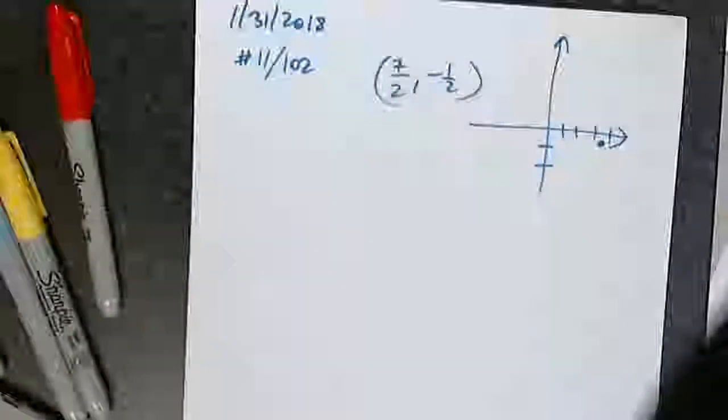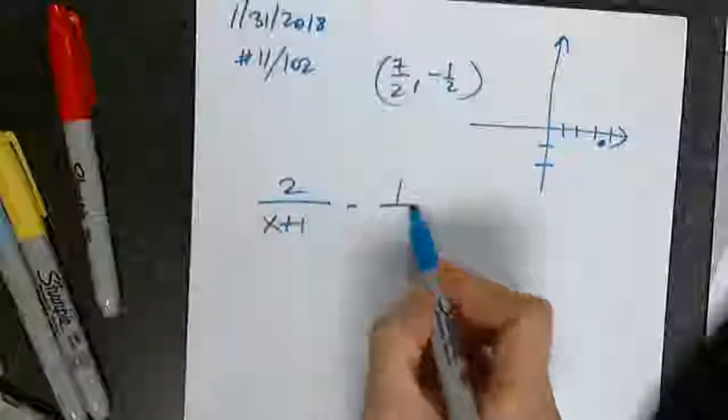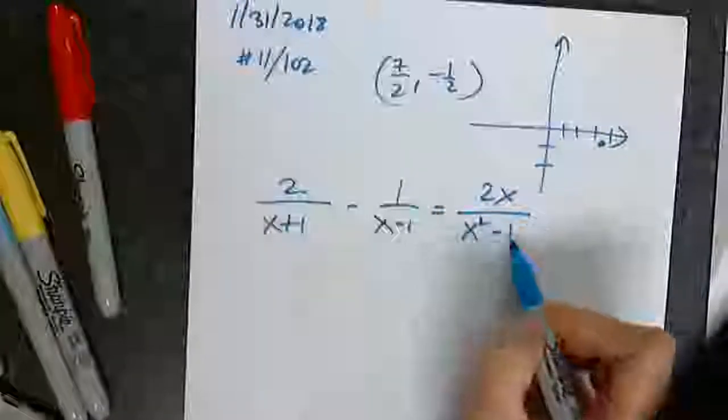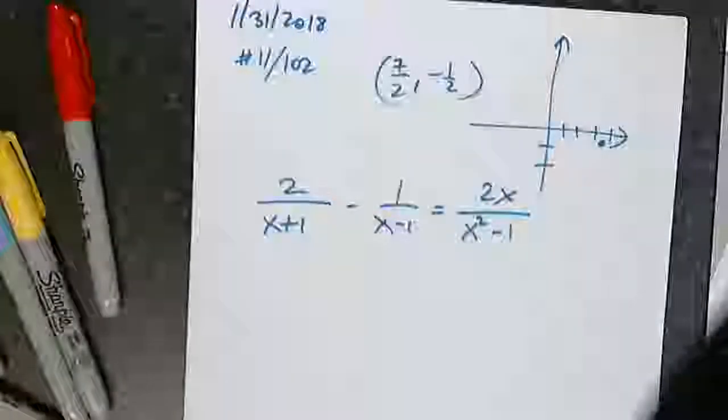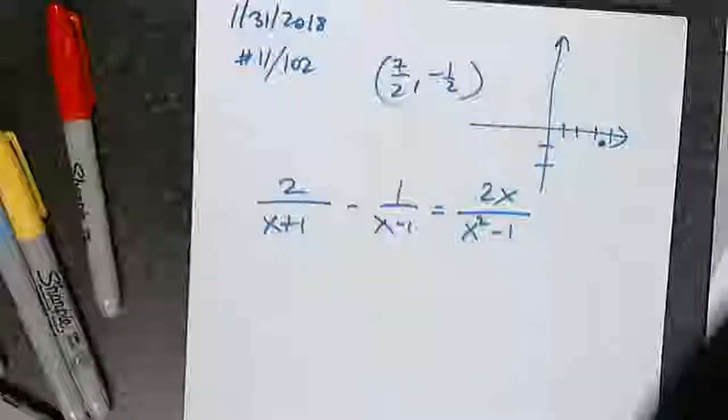So let's, I'm going to copy the original equation, which was 2 divided by x plus 1 minus 1 over x minus 1 equals 2x over x squared minus 1. This was the original equation.